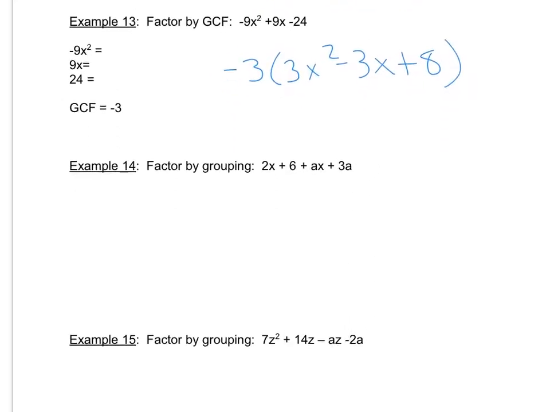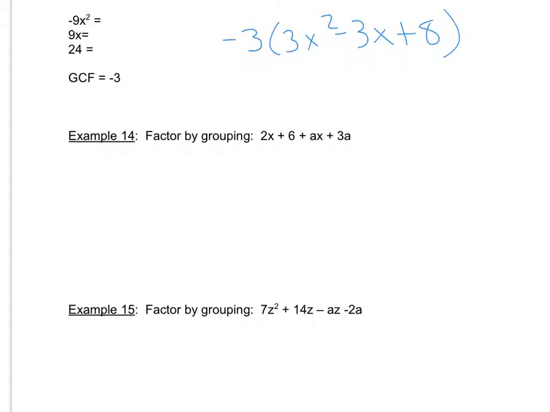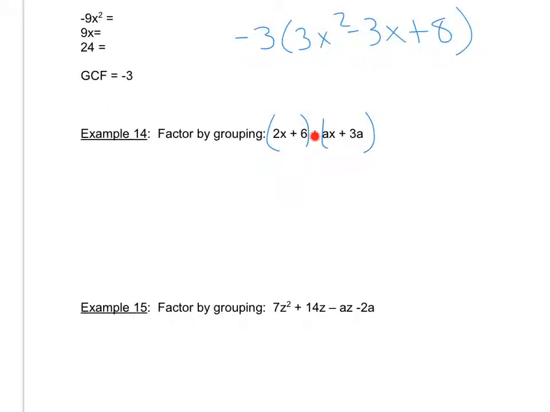Okay? So factor by grouping. So what we do here, group the first 2 and the second 2. Okay? Now see how the plus is in the middle? That's very key. You have to have the plus here. If it's not there, you are not doing it correctly. Okay, so factor out the 2, you have x plus 3.